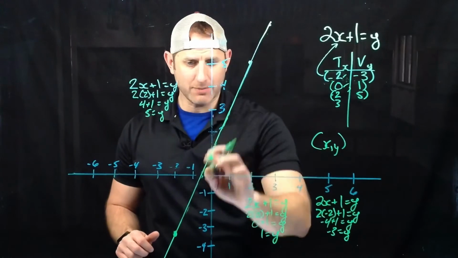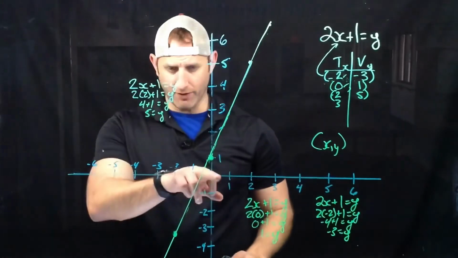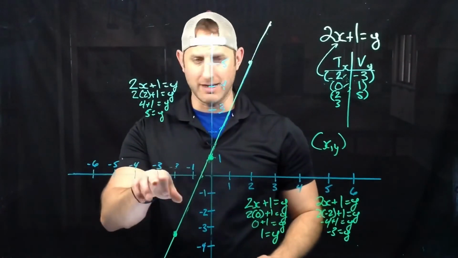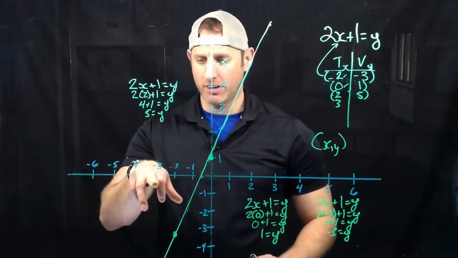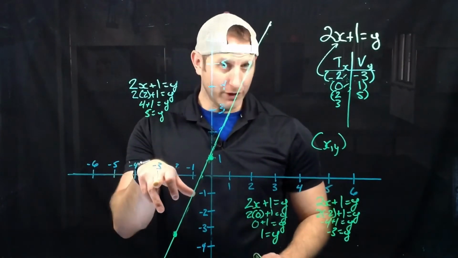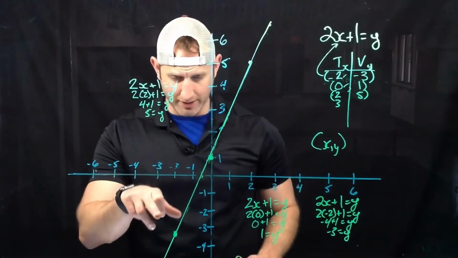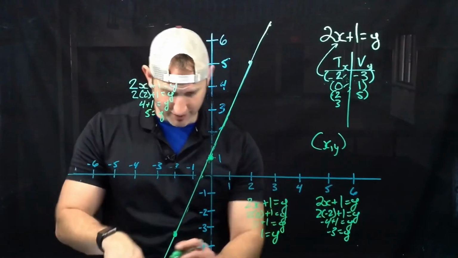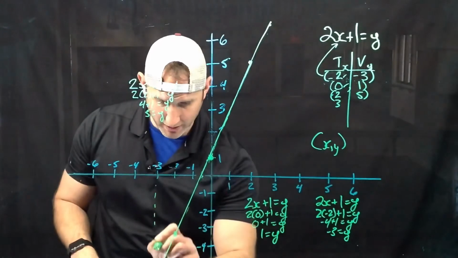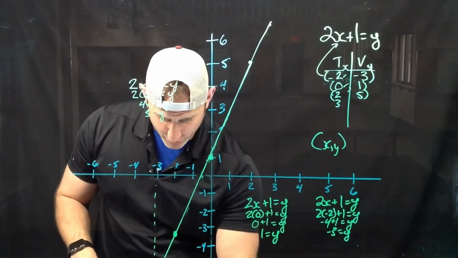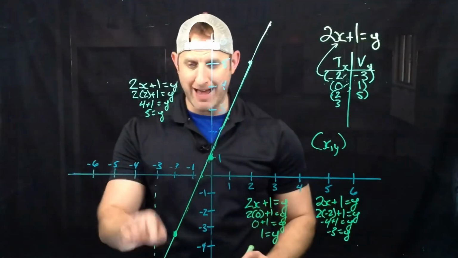I can, just by going over and looking. So if I wanted to know what the negative third value is going to be, I'm going to go over 1, over 2, over 3, down 1, down 2, down 3, down 4, down 5, until eventually I meet the line. And my value is going to be wherever it matches to the line.